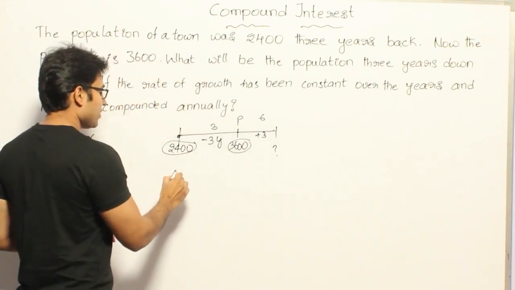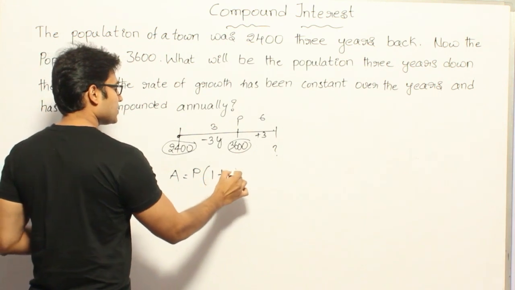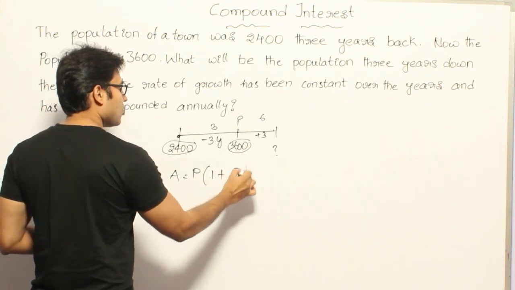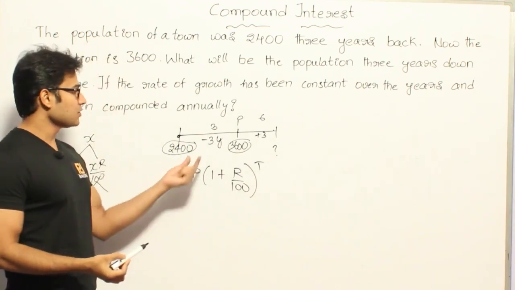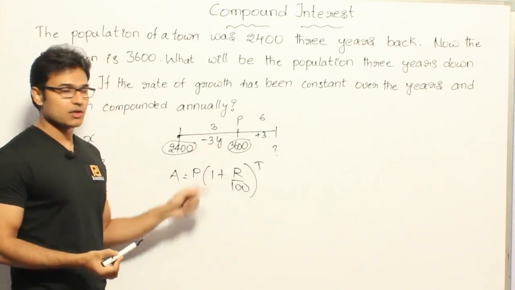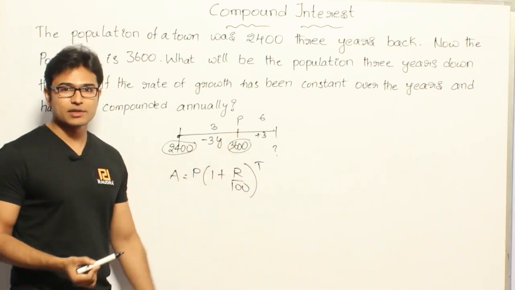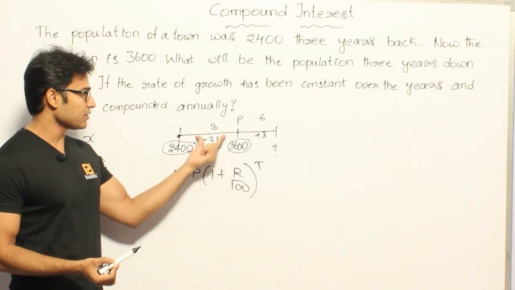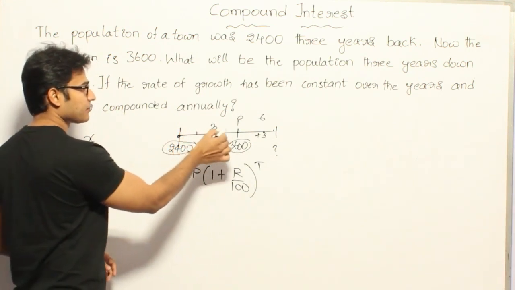Now assume that the amount is P into (1 + R/100) to the power T. Got it? You can assume that the rate is constant. Therefore, whatever the rate is for the first 3 years, for the next 3 years also the rate is the same, which means every year the rate is the same.